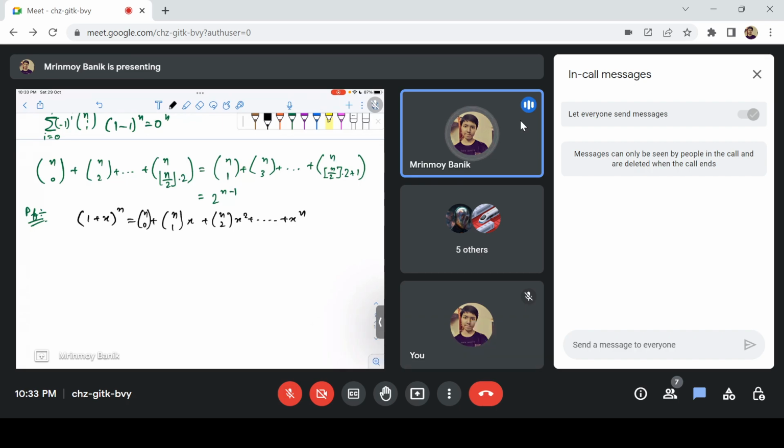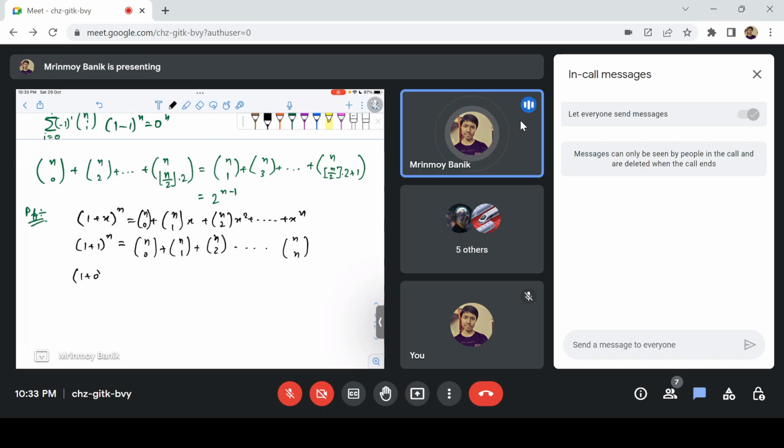We will use the two roots of unity. We first put 1 here: nC0 plus nC1 plus nC2 up to nCn equals 1 plus 1 power n, which is 2 power n.